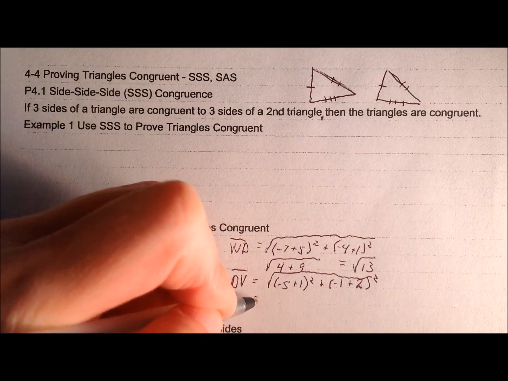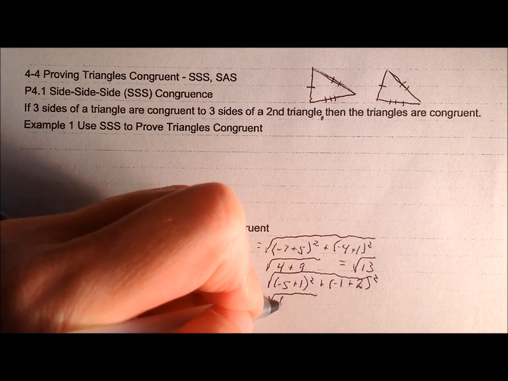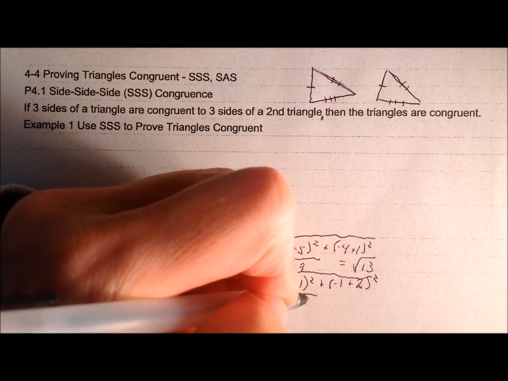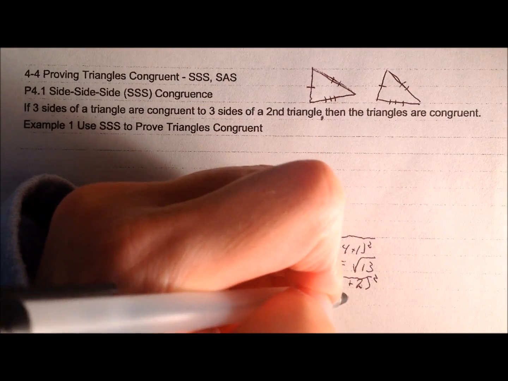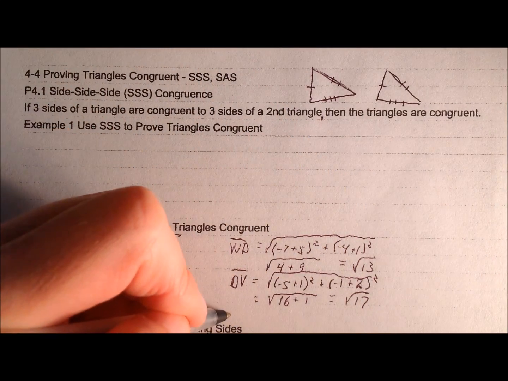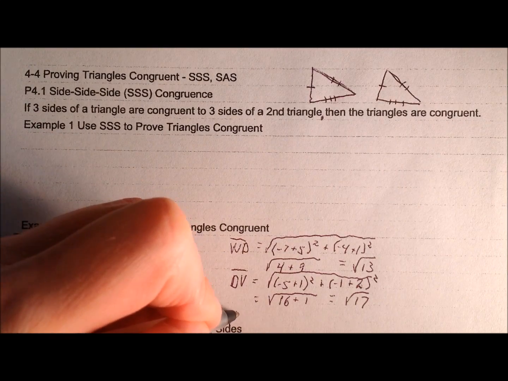And here that is then -4 squared, which would be 16, and this side would be 1 squared, which would be 1. So we have radical 17 for segment DV.